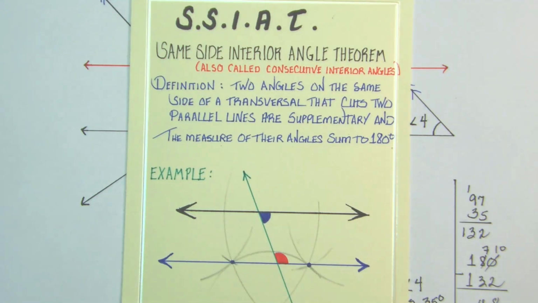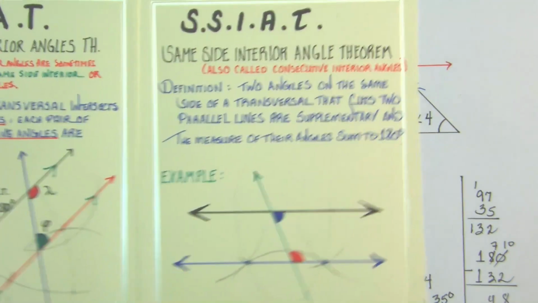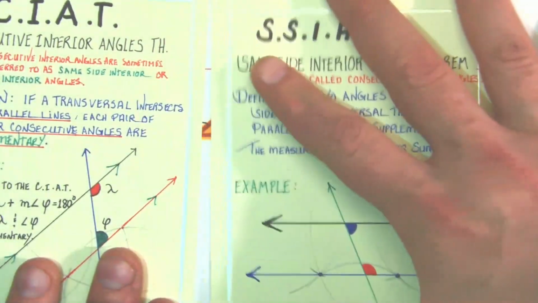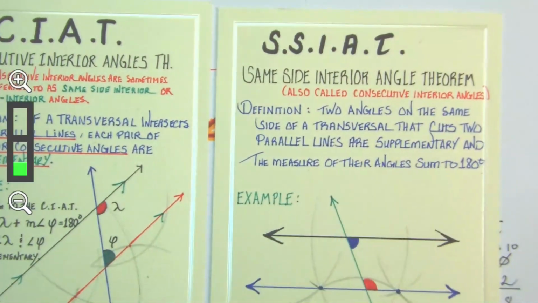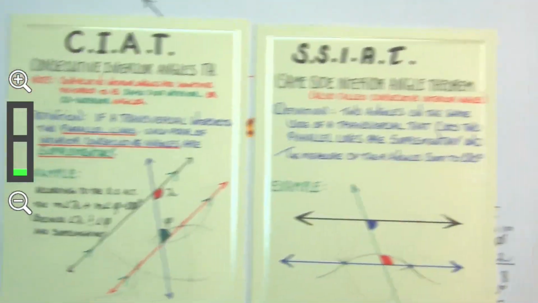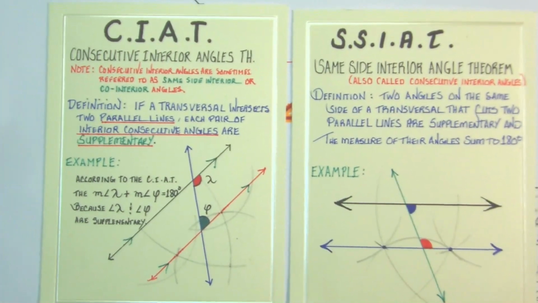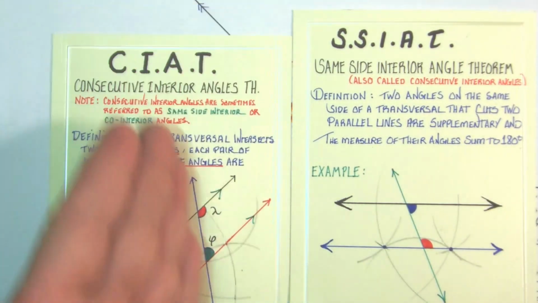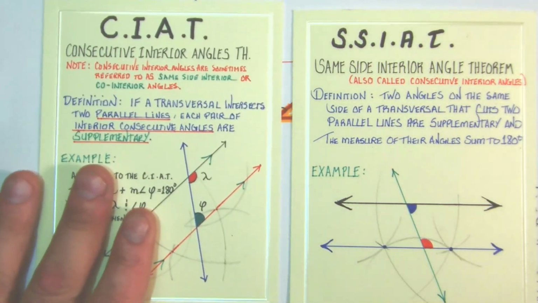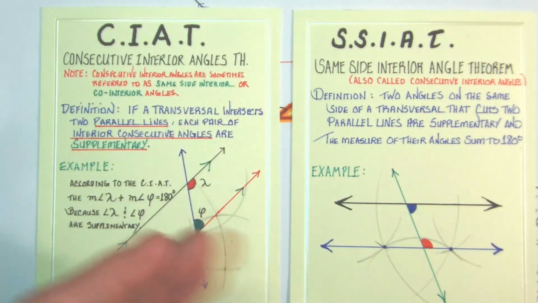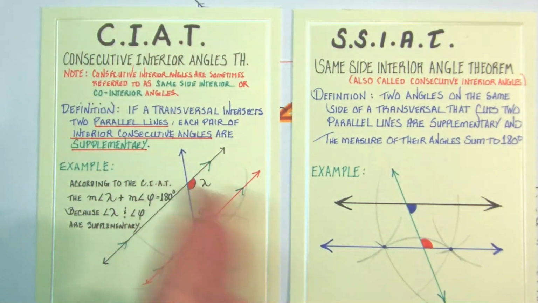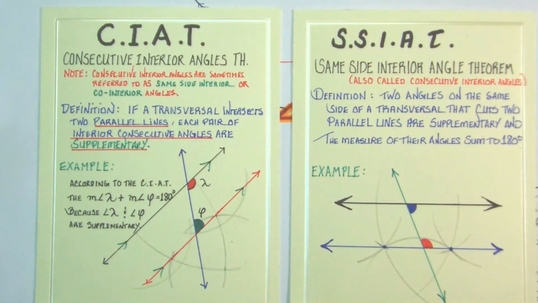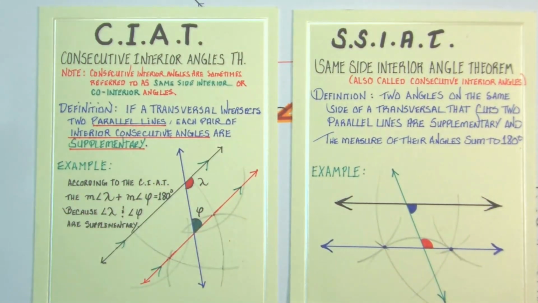There are two theorems which are essentially identical, okay? So let's just take a look at both of these at the same time. So we have the same side interior angle theorem and the consecutive interior angle theorem. Let's read consecutive interior angle theorem. Definition: if a transversal, that's just this blue line here, by the way. A transversal is a line, the word that is used typically in conjunction with parallel lines to say a parallel line's cut by a transversal produces these effects.